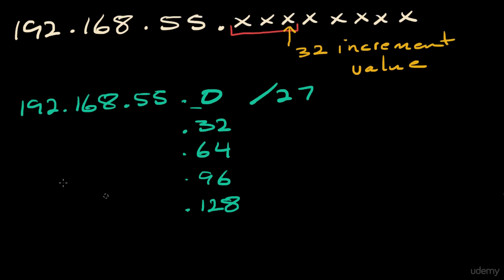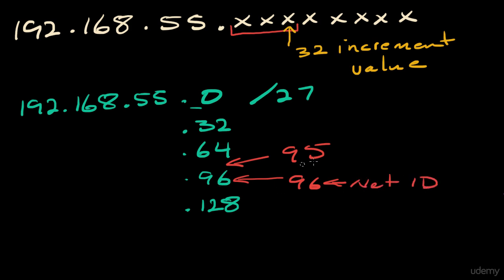Where do 95 and 96 lie? Well, 95 is in between 64 and 96. And of course, 96 is this number here. So 96 is actually a network ID.